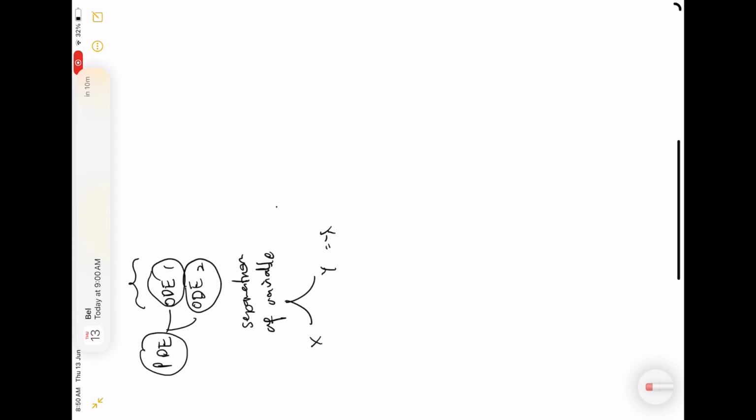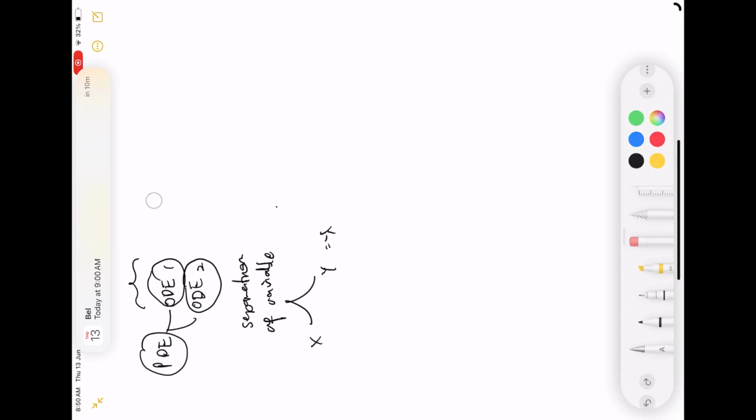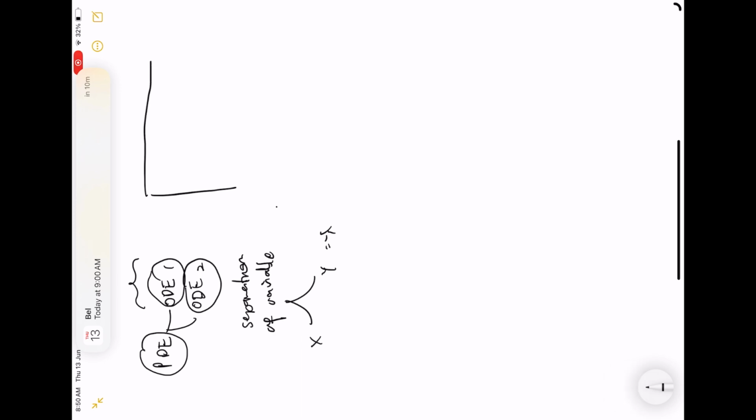Okay, when you have these two ODEs, you need to make a table that has three cases. So you have ODE number 1, ODE number 2, and then you need to apply three cases of lambda. So you need to replace this lambda.